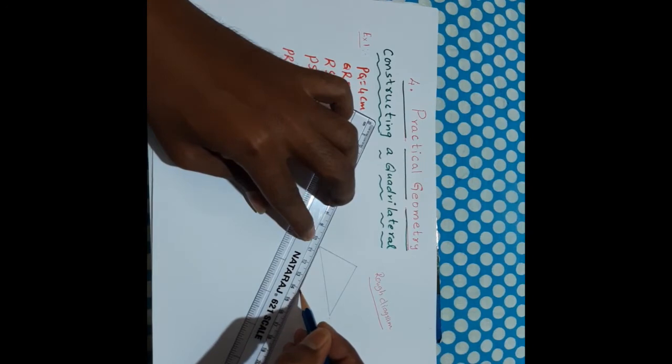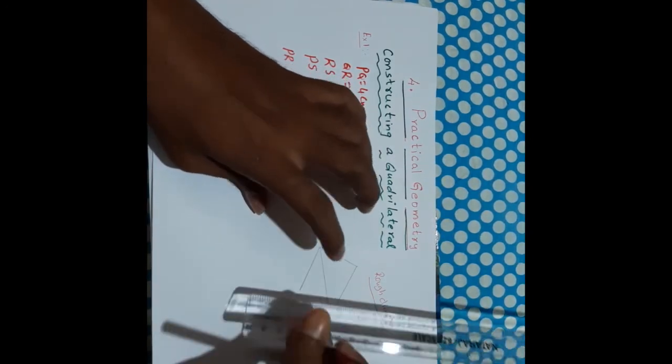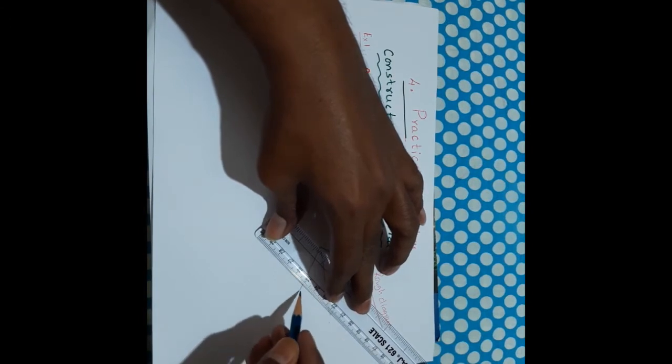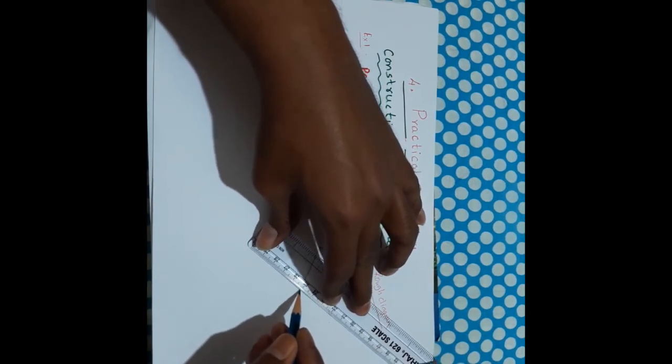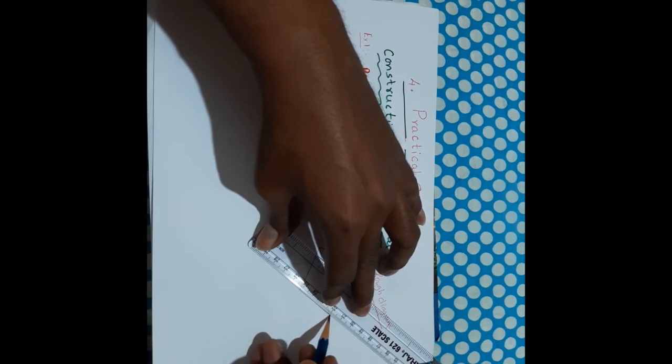Before going to construct any construction, you need to draw a rough sketch, it is compulsory. We will get an idea where is P, where is Q, where is R, where is S.